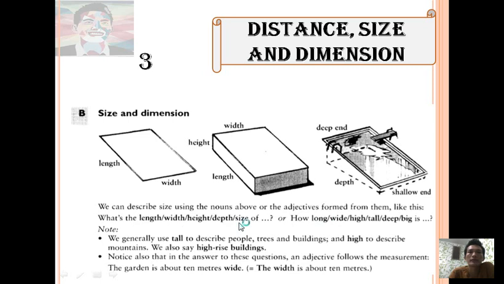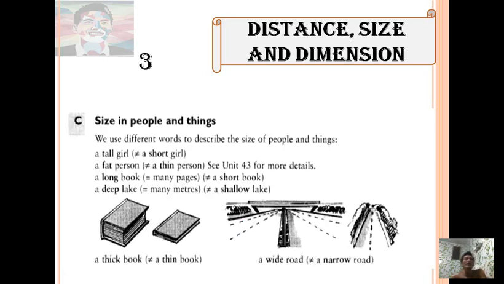Okay, next. Size in people and things. We use different words to describe the size of people and things. A tall girl, not a short girl. A fat person, not a thin person.